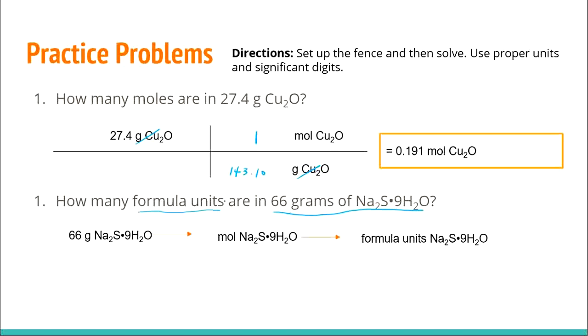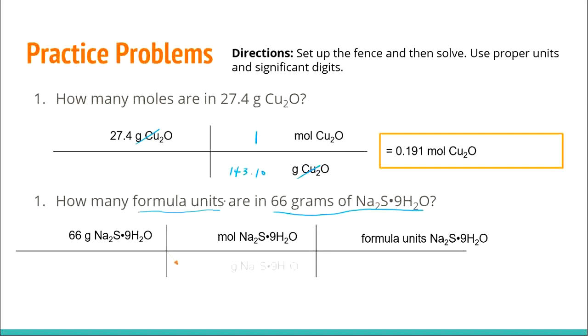So we replace those arrows with fences, and here you can see that we're dealing with 2 fences. Diagonally, we're going to go ahead and copy down the unit, and now we're going to fill it in with our numbers. In our second fence, we have moles over grams.